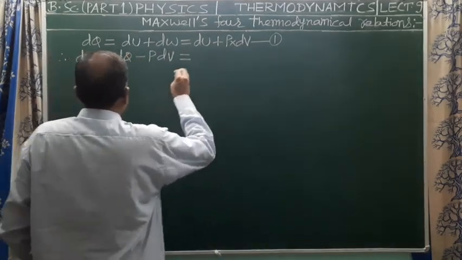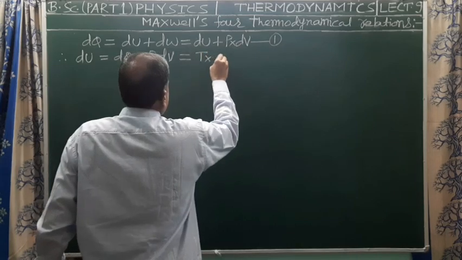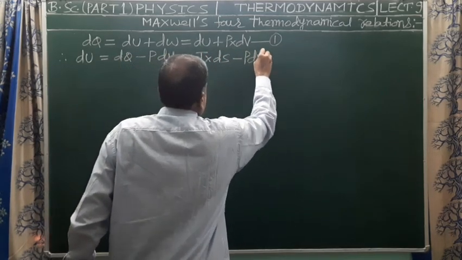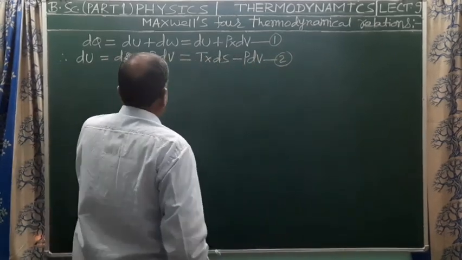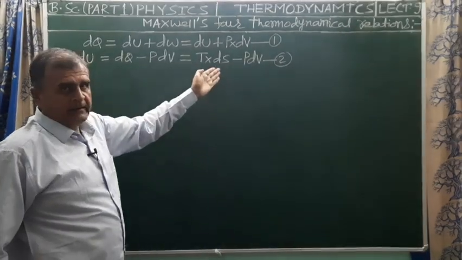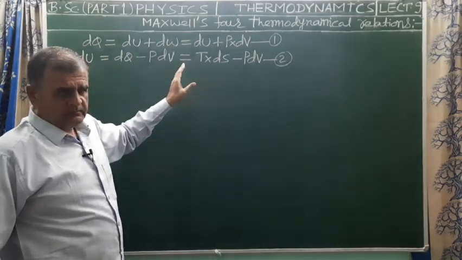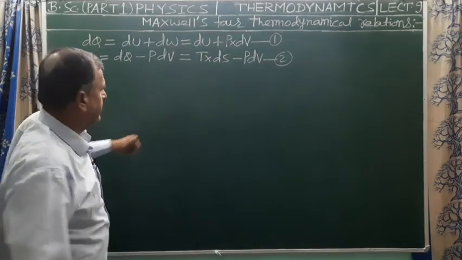So in place of dq we can write du equals T multiplied by ds minus p dV, and say it is equation number 2, where dq equals the product of absolute temperature T and increase in entropy ds, from the mathematical form of the second law of thermodynamics.